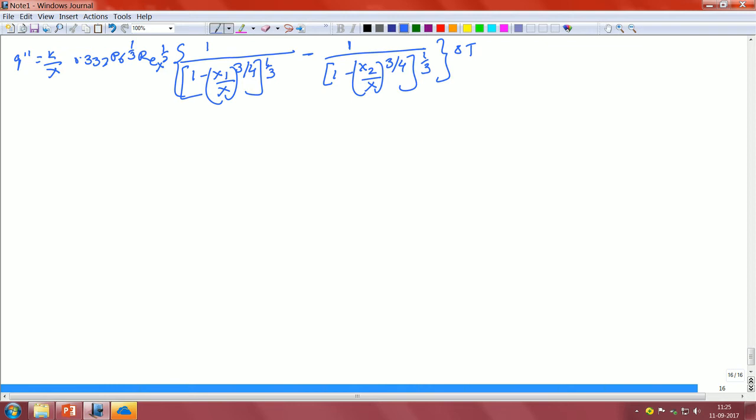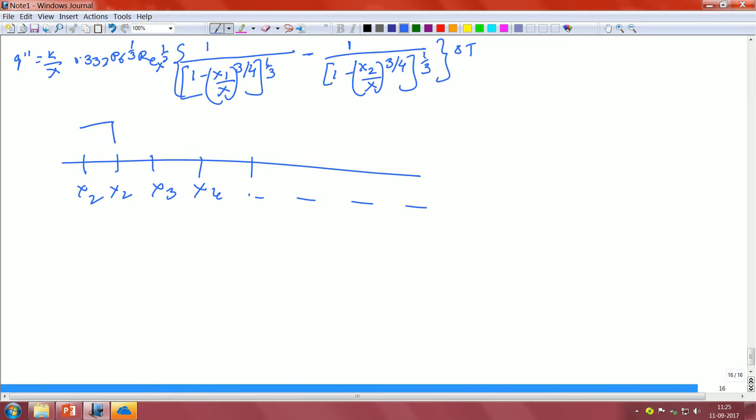Now you can have n such step changes, n number of step changes. So you can have a situation like this: x1, x2, x3, x4 and so on, continued. You can have any combination that you want.